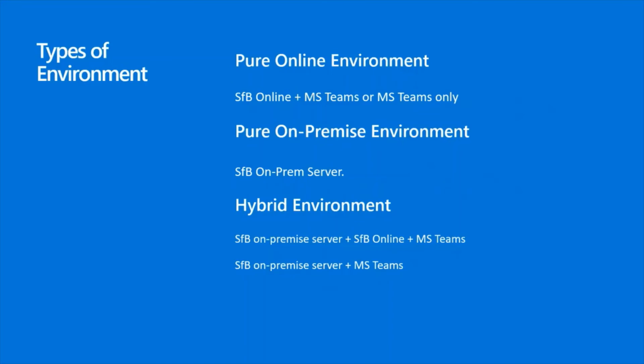And the last one, which is the combo of two, is the hybrid environment, where you can have Skype for Business on-premise with Skype for Business Online and Teams, or Skype for Business on-premise with Microsoft Teams. Now we will take a look at the configurations required in case of online, on-prem, and hybrid environments. So we'll be moving on to the next slide.